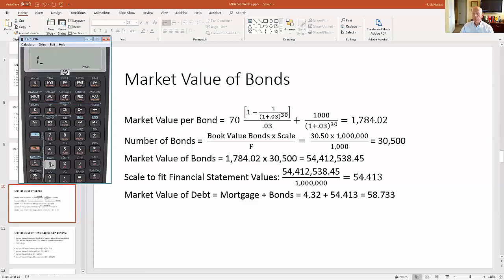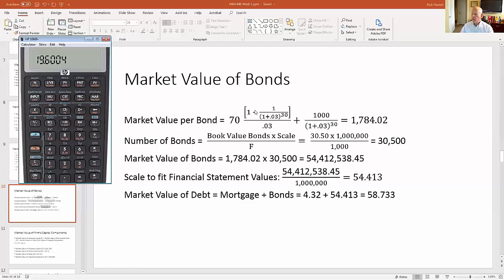to add 1. So I took that number plus 1, so it's a negative plus a positive. And I now know that the value in the bracket here is 0.5880. I'm now going to go ahead and divide this by 0.03.